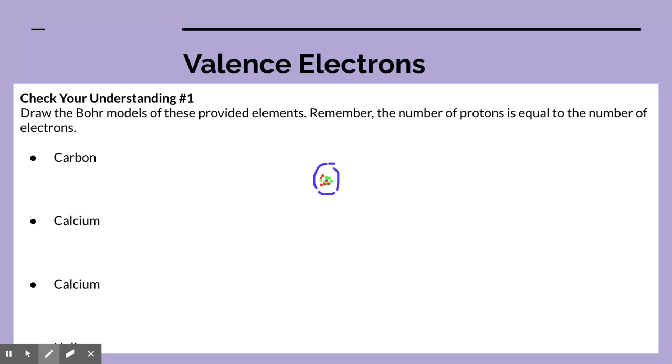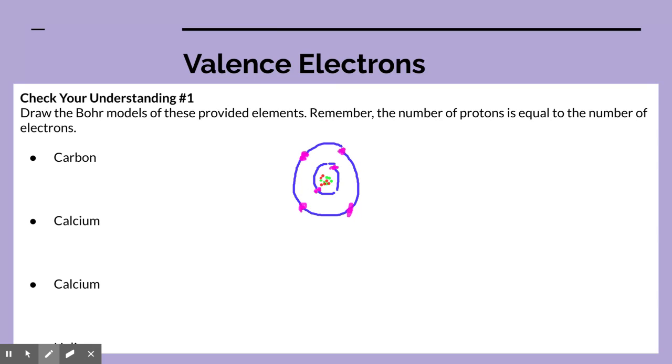The color of the shell will be blue, but the color of the electrons will be pink. So 1, 2. And I know that there's 6 electrons, and the way I know is because there's 6 protons. So there's 1, 2, 3, 4, 5, 6. Easy peasy. So here's my Bohr model for carbon.